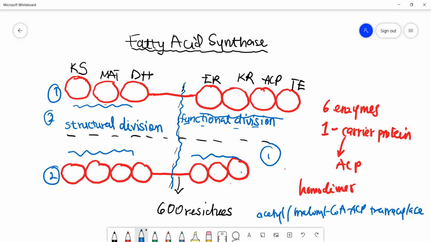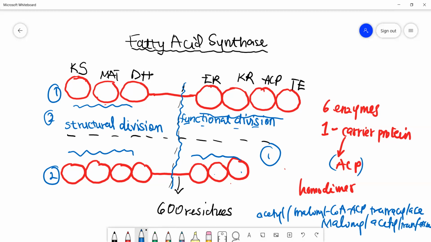So elsewhere you see this name, but it is the same as the MAT, which is malonyl acetyl transferase. Okay, so now that we have looked at it, we've mentioned 6 enzymes, and the carrier protein is what? ACP.